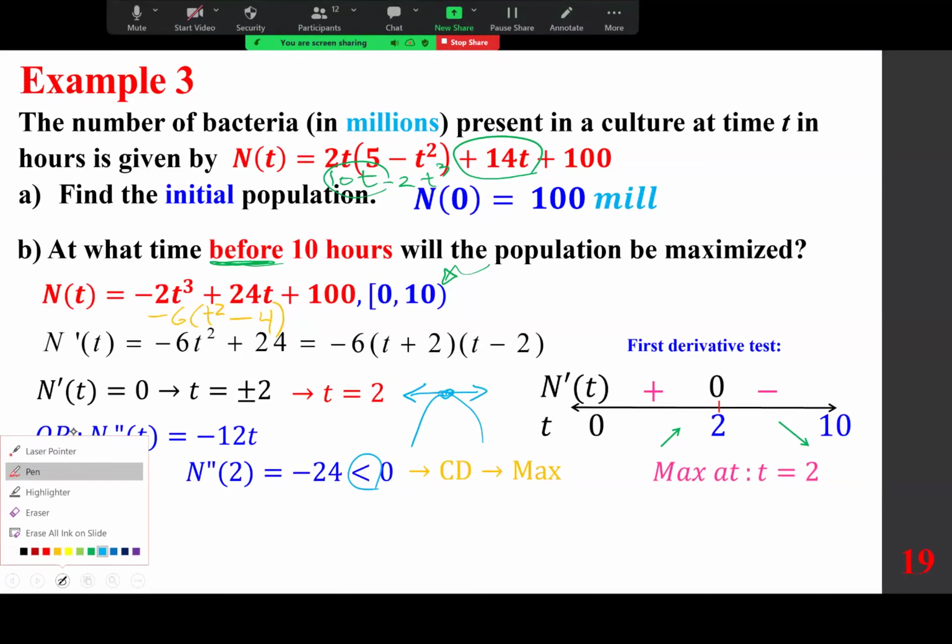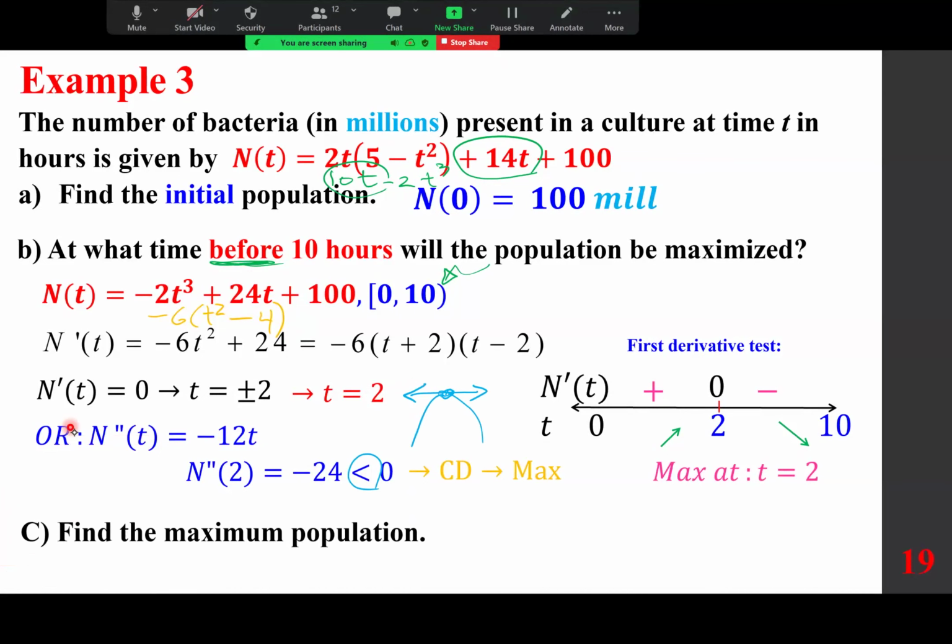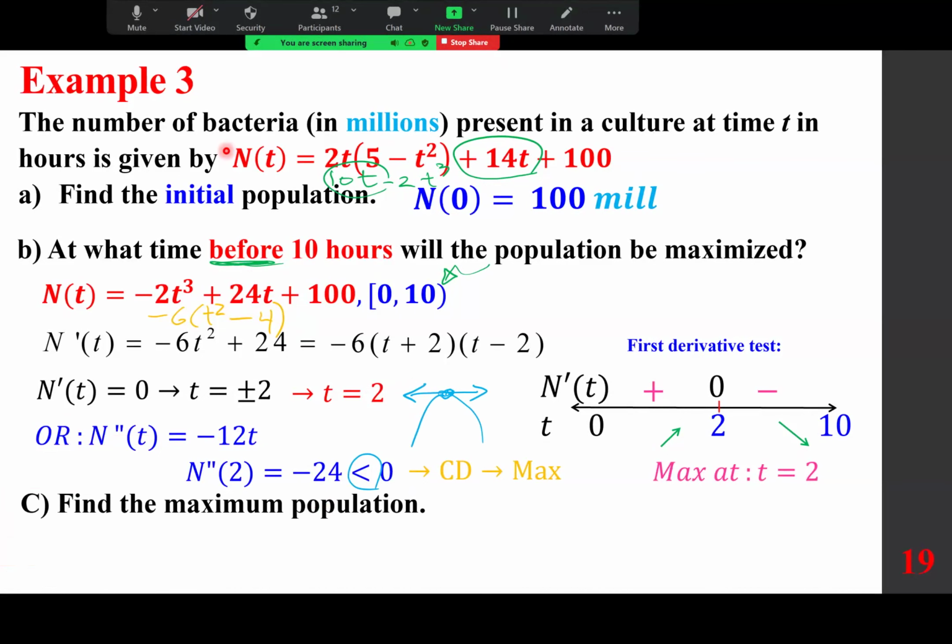So what is the maximum population? Plug it into the original equation, or this one, makes no difference, whatever is easier. If you go back to the original one, 2 times 2, times (5 minus 2 squared), plus 14 times 2. It's easy to see this is 4, 5 minus 4 becomes 1, so this whole thing is 4.